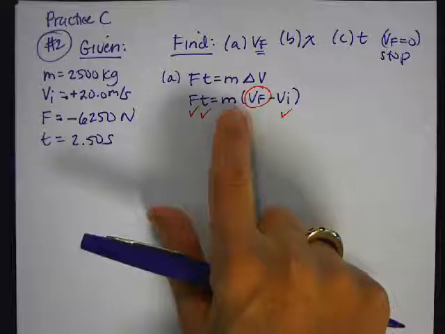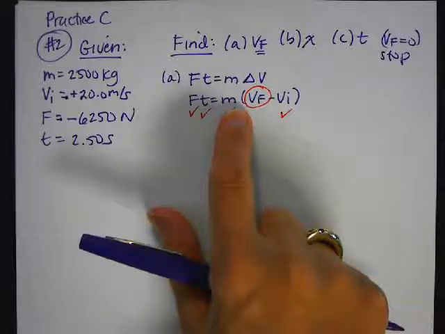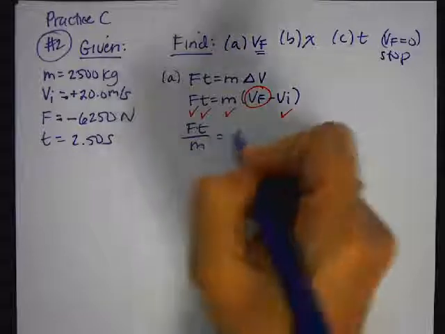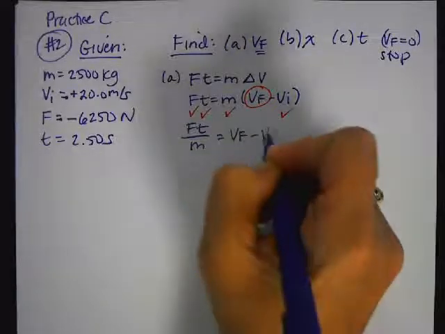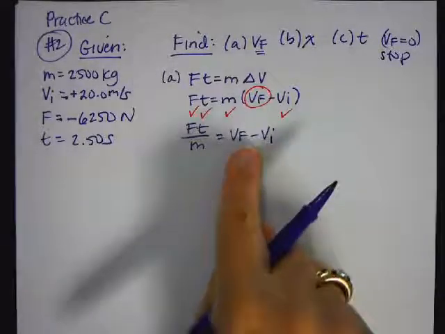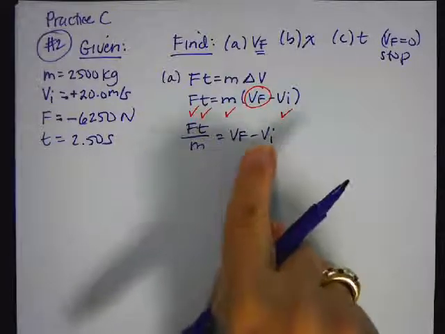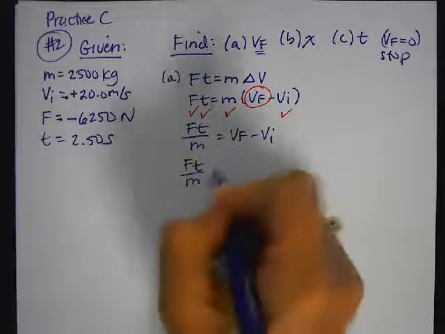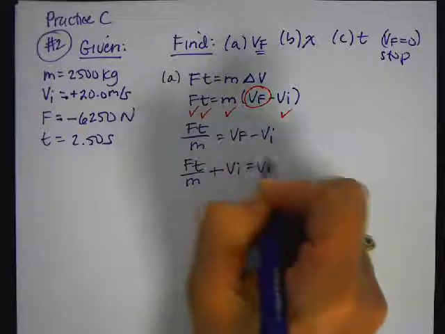So can I divide both sides by m? Yes. So Ft over m is equal to Vf minus Vi. I'm solving for Vf, so I can add Vi to both sides. It'll be Ft over m plus Vi is equal to Vf.